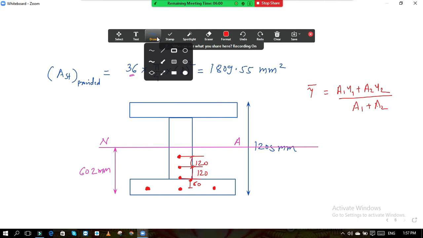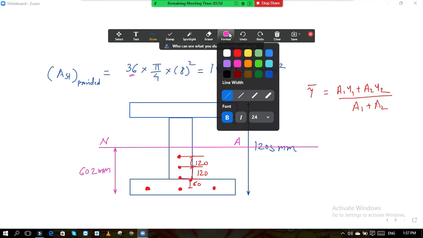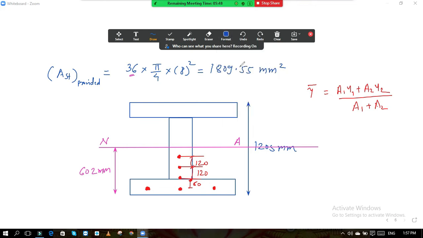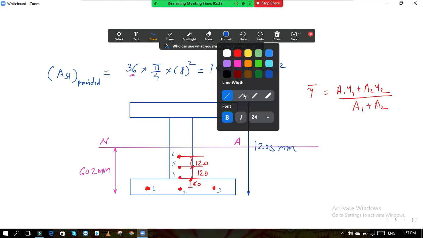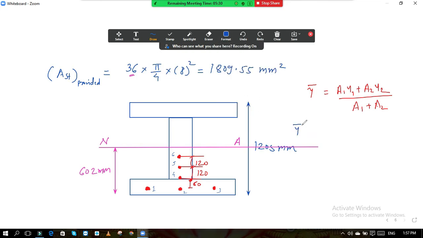So here, if I use a different color code, I can say that this is my first bar, this is first bar, second, third, fourth, fifth, and sixth. Means cable. Okay. So now here y bar is equal to. So these three bars are at the same level.